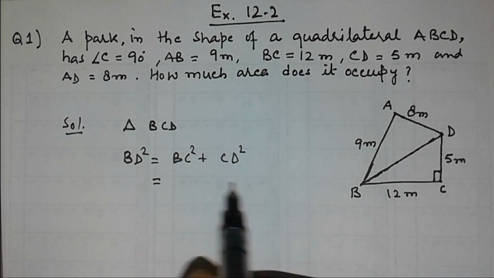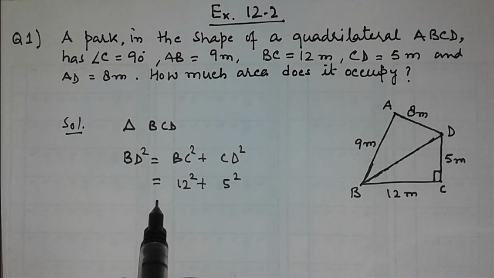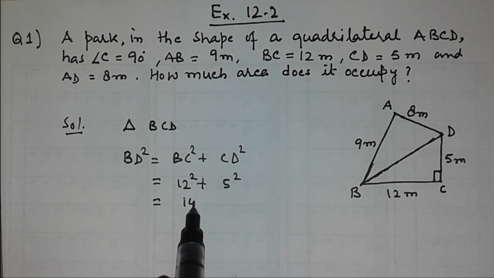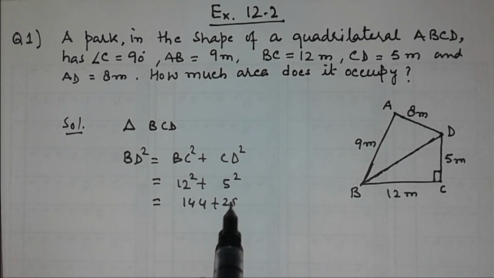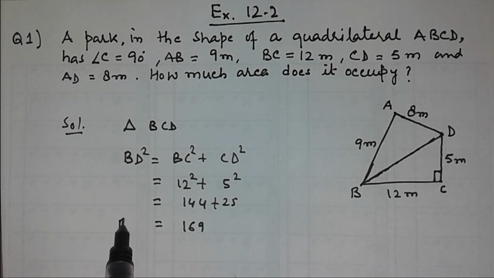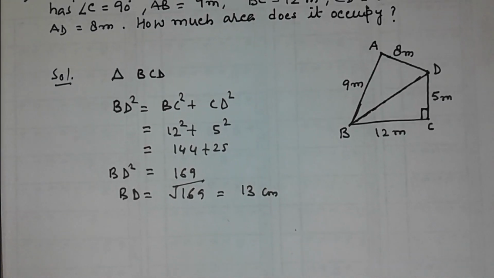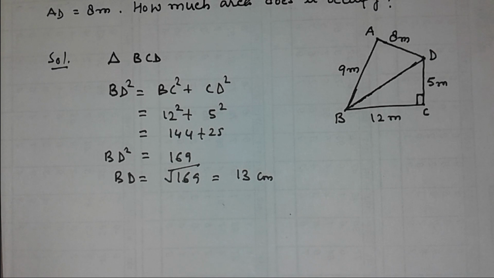Now BC square is 12 square plus 5 square, so it will be equal to 144 plus 25, that is 169. This is BD square here. So BD will be equal to square root of 169, that is 13 meters. Now we have found BD.